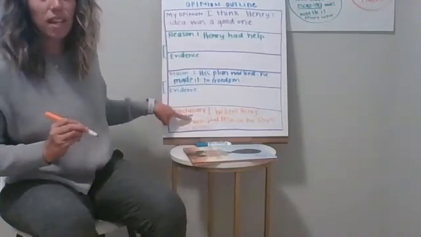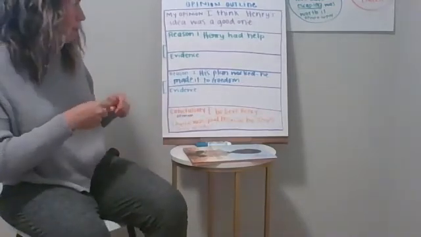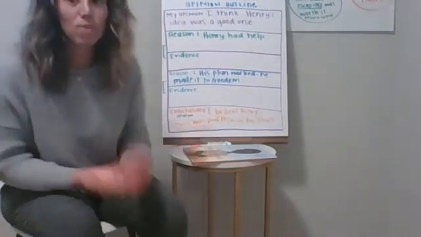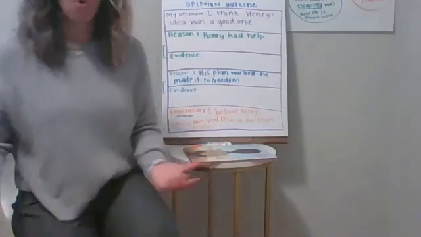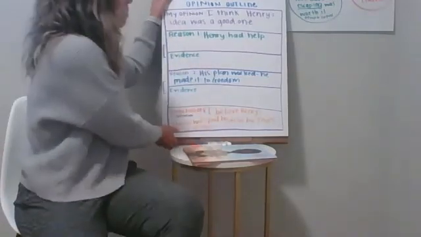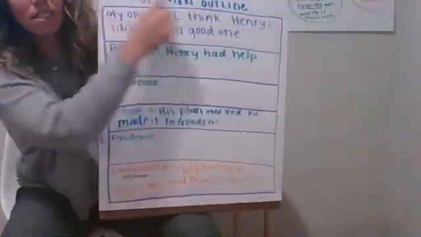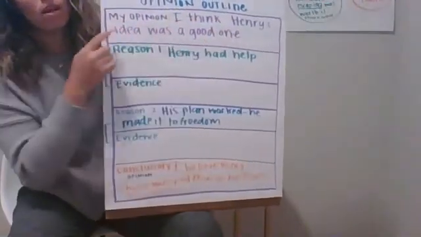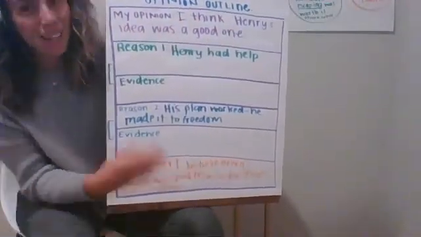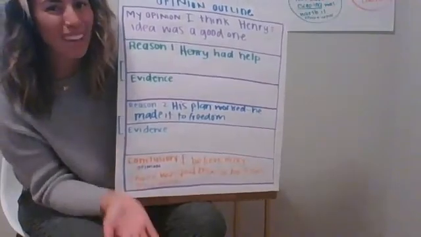Okay, and I filled in my opinion one more time. So now I have organized my ideas into different groups. And I can see those different groups with the boxes. That completes step 2 in our writing.